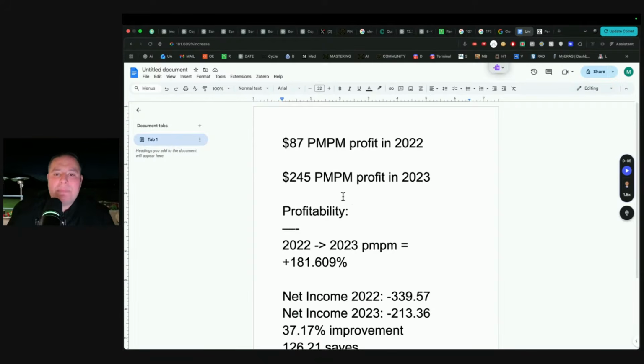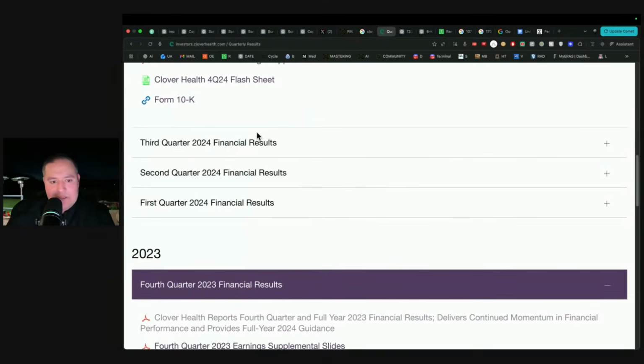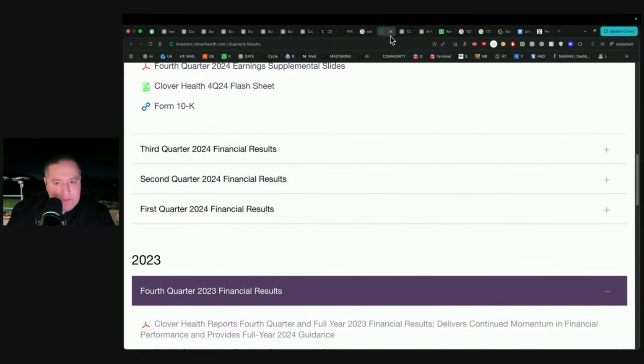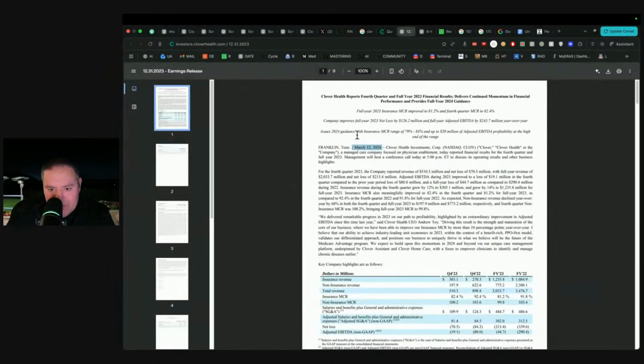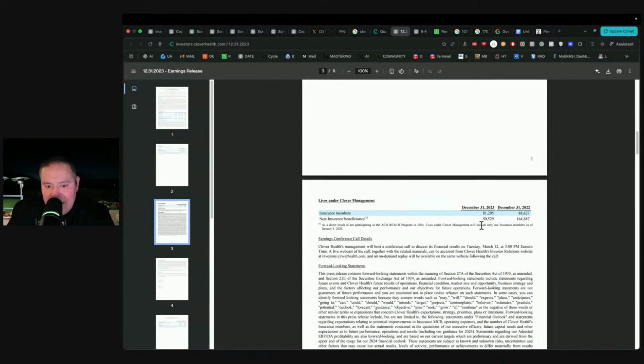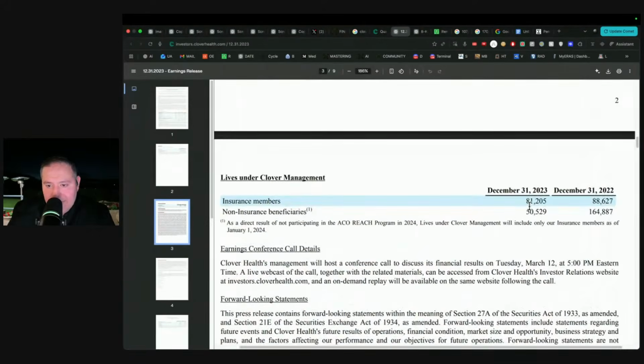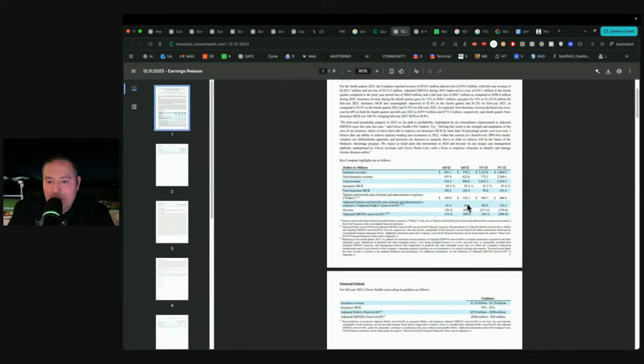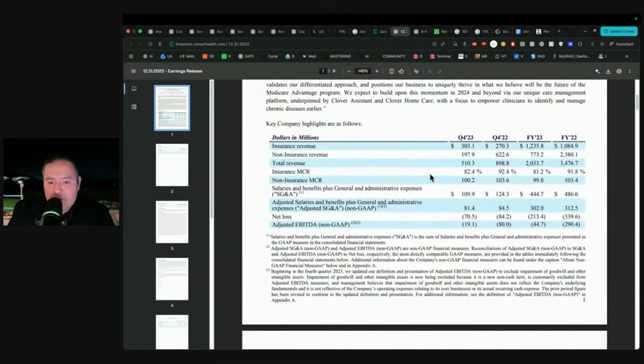So how many members did they have in 2023? To answer that question, we would have to go to this here. Is this Q3? Yeah. We have to look at lives. You remember they had the non-insurance lives? This was the thing that killed it, which is why it only improved 37%. Because remember, if you don't recall, the MCR for the non-insurance was still 100% versus the 82%.